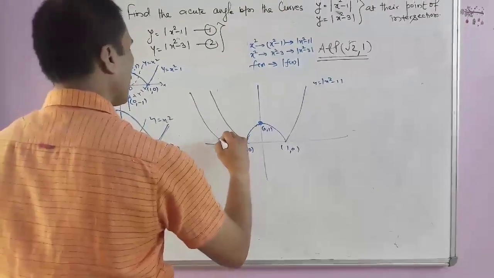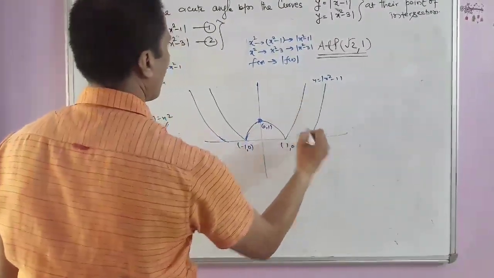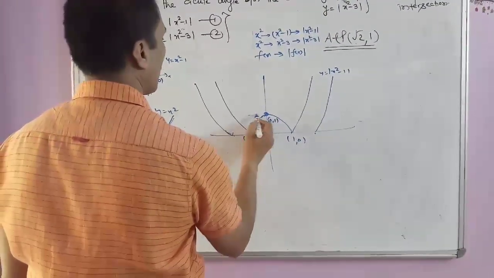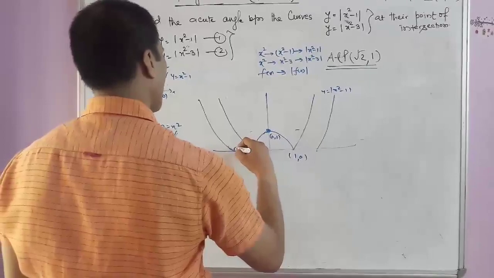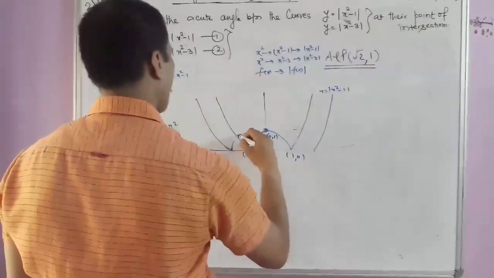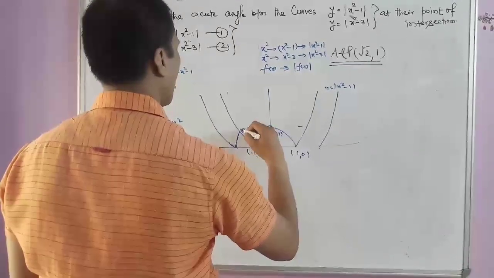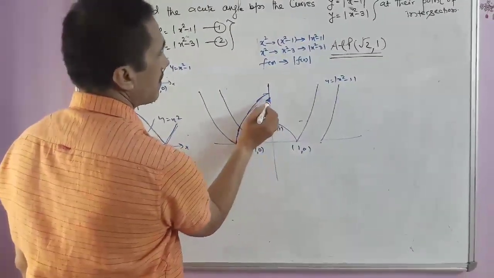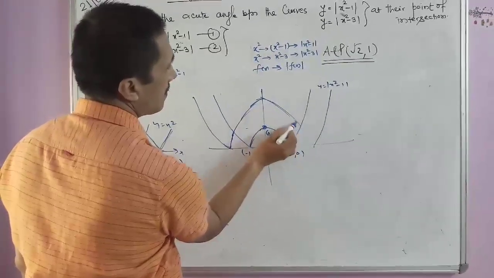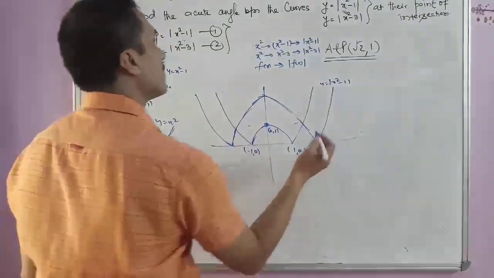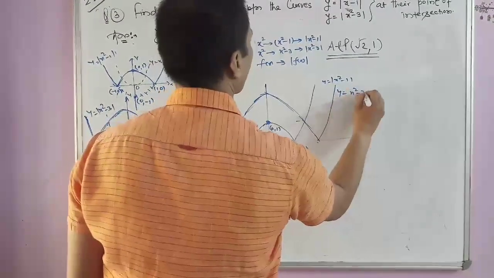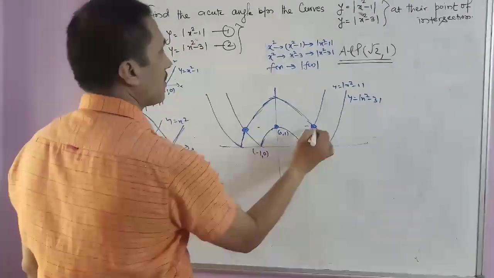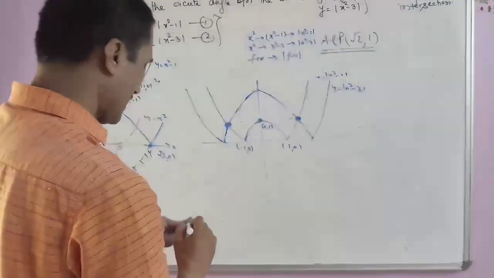Second, y equal to modulus of x² − 3. This is the point of intersection.